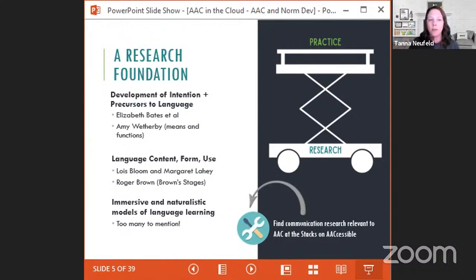And it wasn't until a couple years into my practice, and really being mentored by some amazing people and taking some wonderful trainings, that it became obvious to me that I wasn't doing my best work when I wasn't keeping typical development in my mind. I was perhaps making some leaps in my technology and AAC approaches because I was almost overlooking all of this gray area of development that happens for children from birth on through the communication journey.